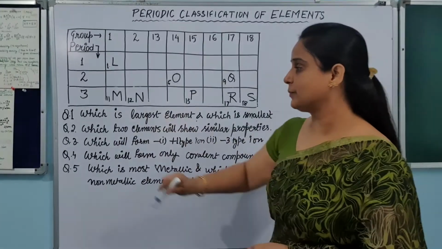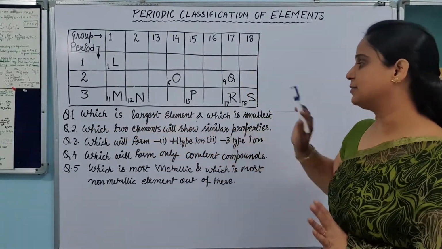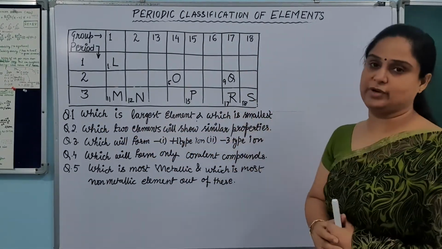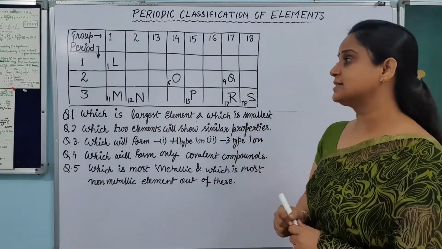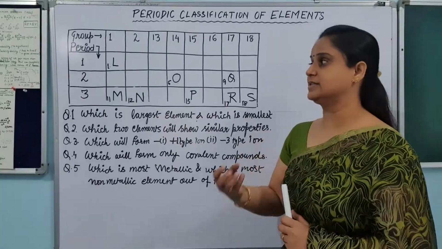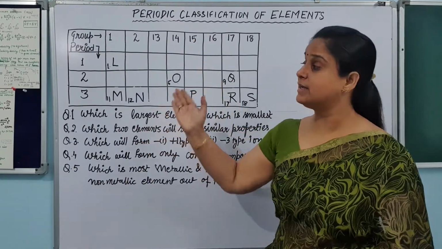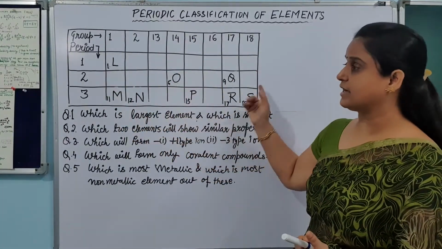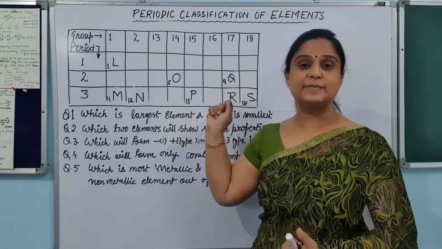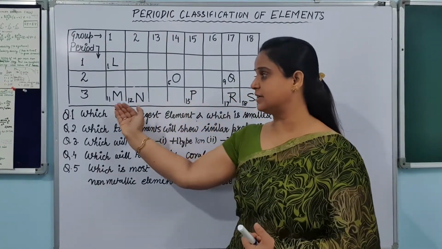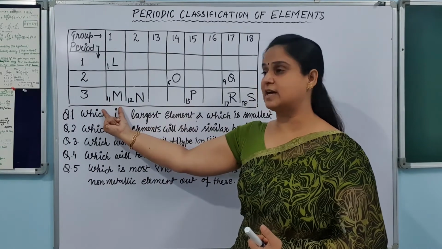So I am starting from which is the largest element and which is the smallest. The first thing is, how do we define the size? The atomic size increases up to down, already we have done, and it decreases left to right. And I have told you that in their respective period, these first group elements are the biggest ones.